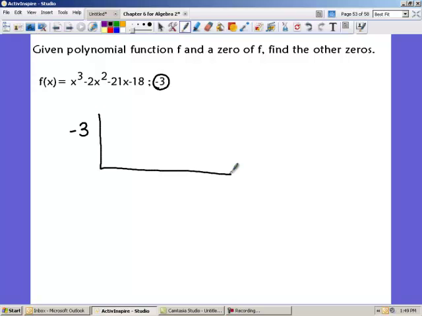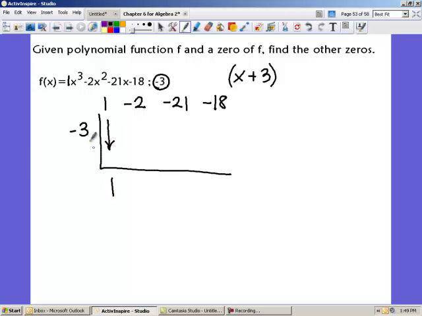And remember, we took the opposite, so really, this would be x plus 3 as one of the factors, because it has to be the opposite. Okay, so let's go through and write down our coefficients. We have a 1 right here, negative 2, negative 21, and negative 18.